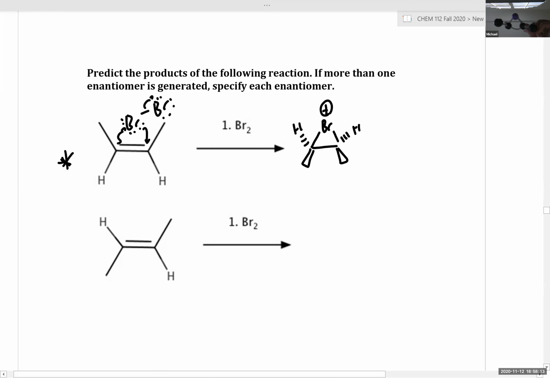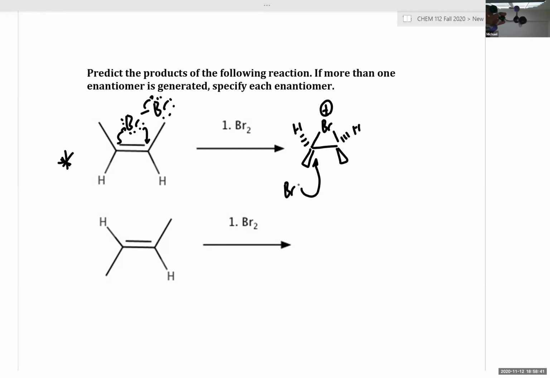Let's arbitrarily attack at the left carbon. And we're going to attack from the opposite face to our bromonium ion. So we attack, we form the bond and we break the bond.